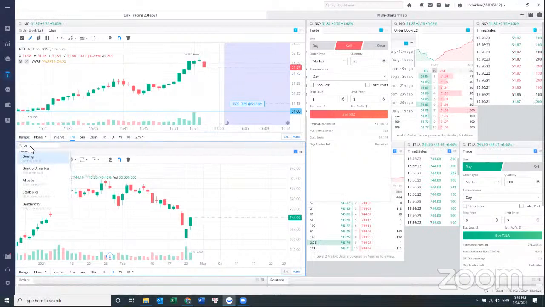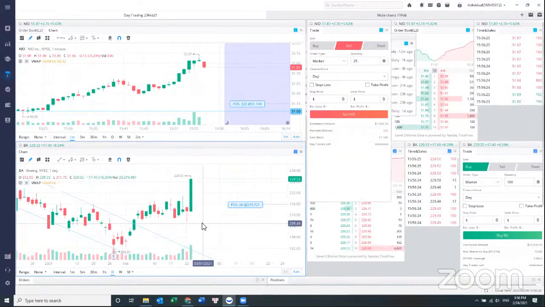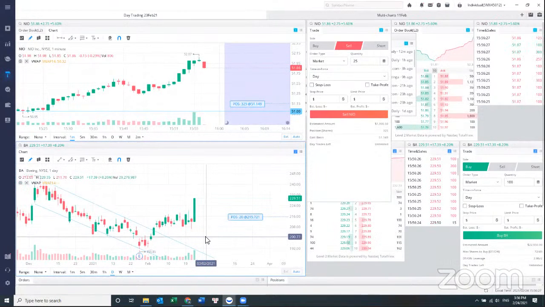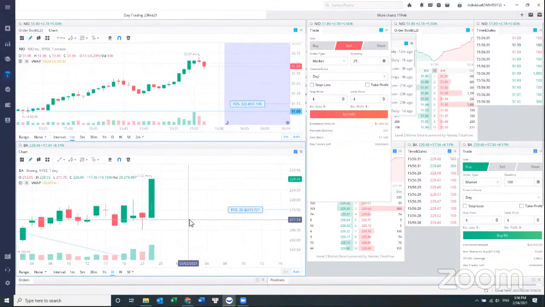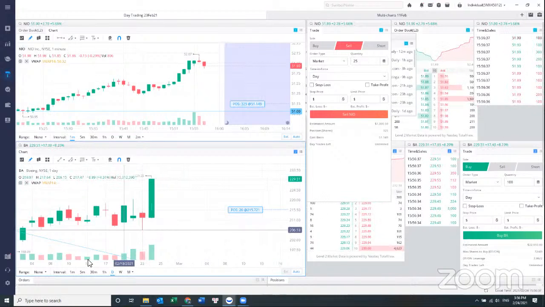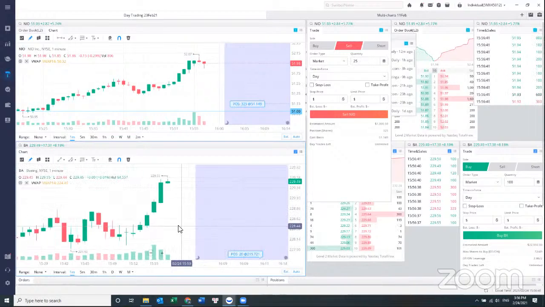I wrote a big piece today on my Facebook page about Boeing. I have 20 shares at 215. I bought it yesterday. Not 215 because I day traded today, so it jacked up the price to 215, but I think I bought it at like 208.